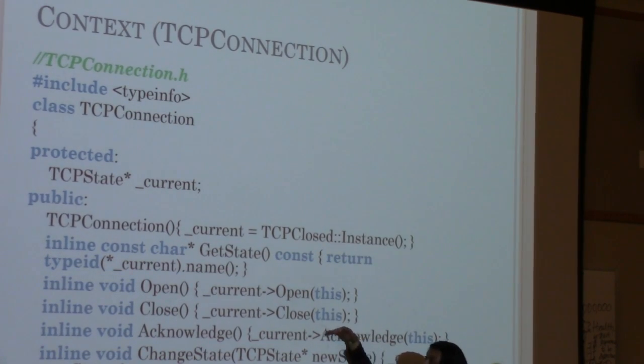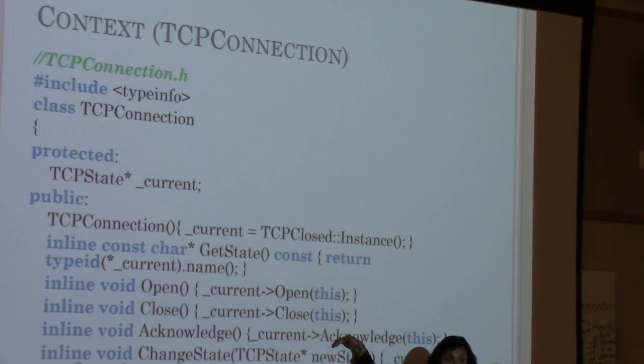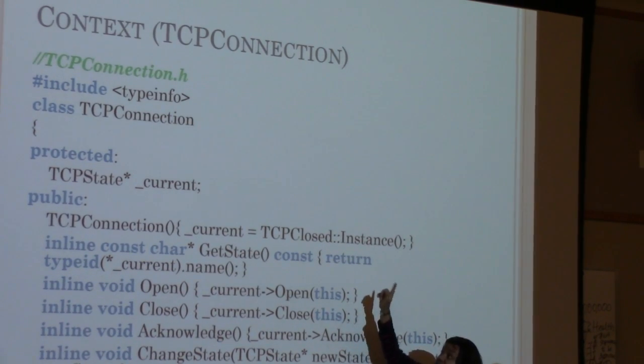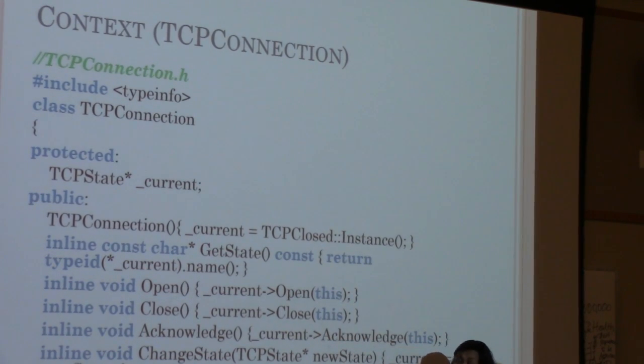So basically all three of these are polymorphic calls. Depending on where current is pointing at this point is which method will be called. Then we need a change state, right? So the new state, what are we doing? We are just making current point to the new state, whatever new pointer is doing. So the open of all those will change the state.